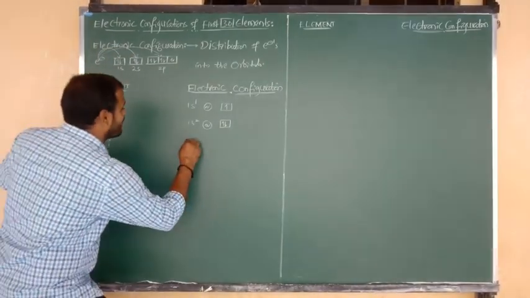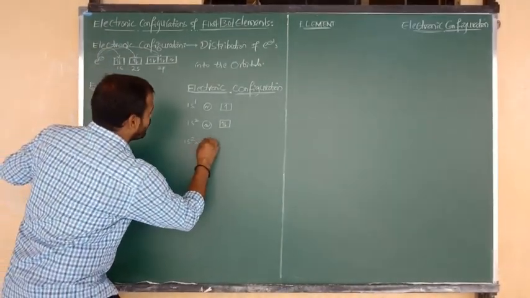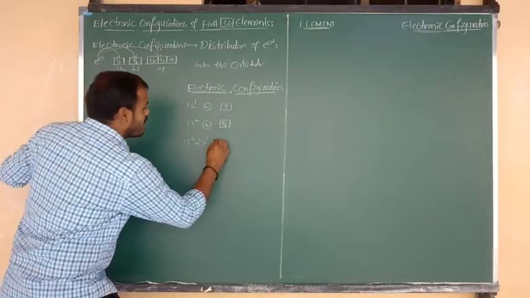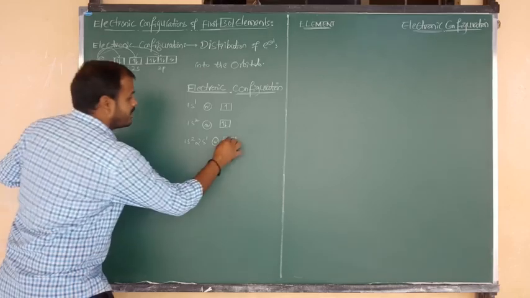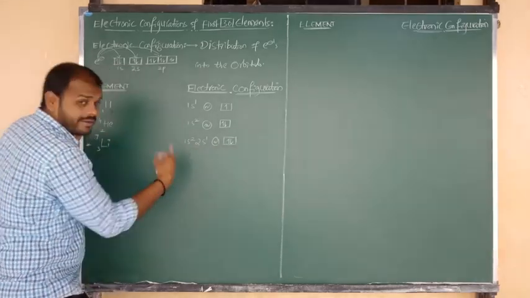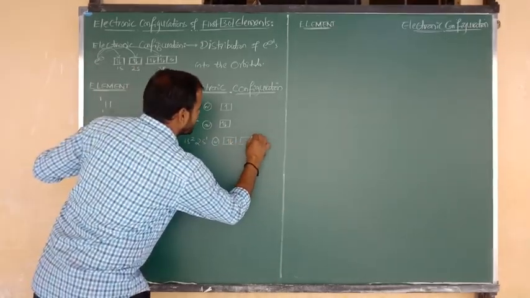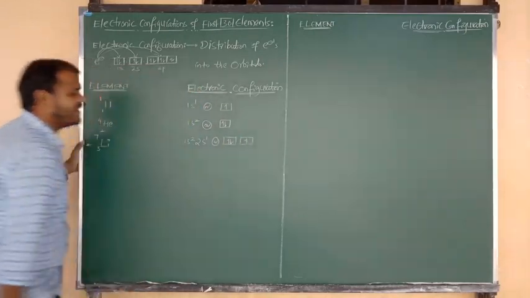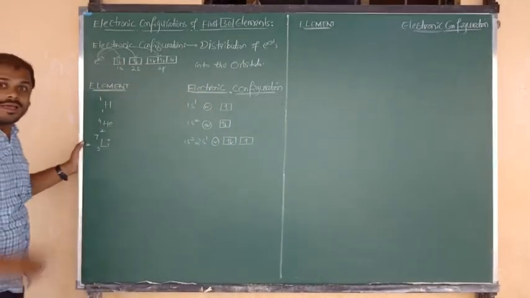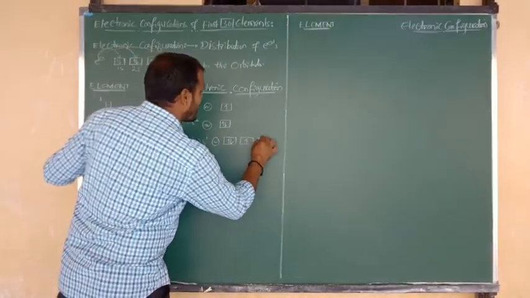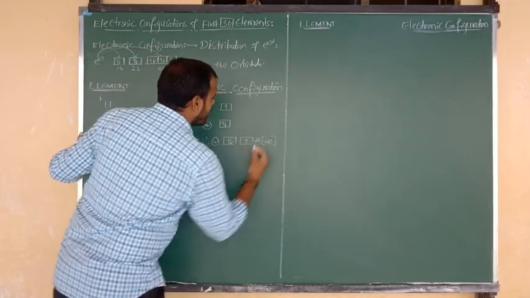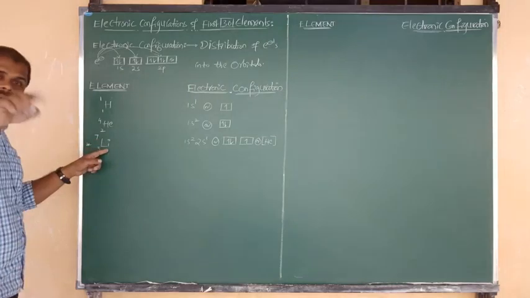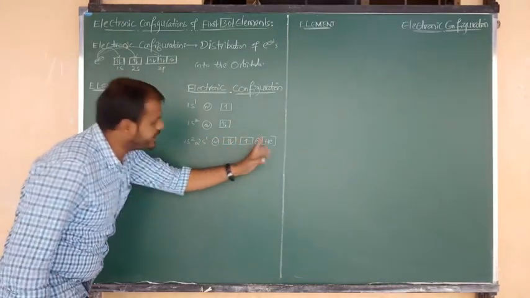So we have to write the configuration 1s2, 2s1. This is the 1s orbital, it contains 2 electrons. Next is the 2s orbital, it contains 1 electron. And also we can write its short form, that is helium, because lithium is the element present after helium.